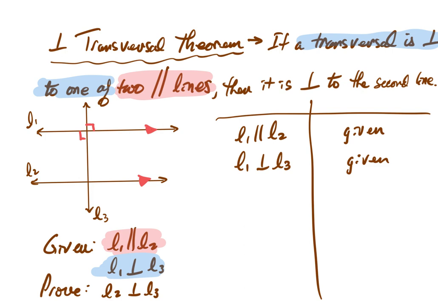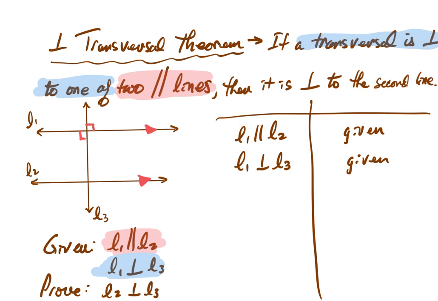Well, we need to show that one of these angles where line 2 and line 3 intersect would be 90 degrees. So we need this angle to be 90 degrees, or this one, or this one, or this one. We don't need to do all four, but at least one of the four has to be 90 degrees.